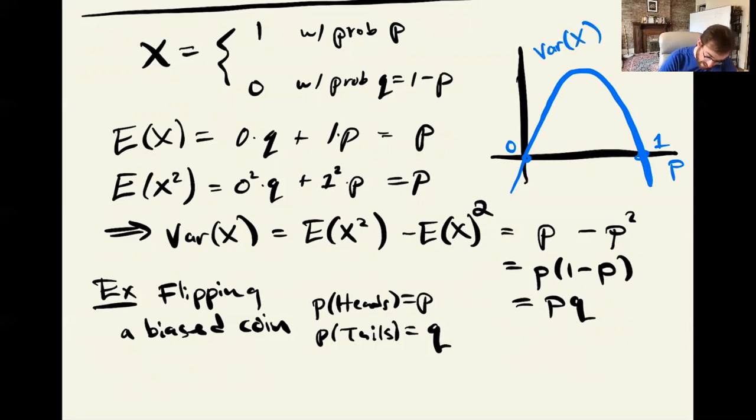So if I had a process which maximized variance, it would be one where p equals a half. That's going to be our max variance, which ends up equaling a half times a half, which is a fourth. So this also illustrates why a fair coin is one of the most canonical models in probability theory.